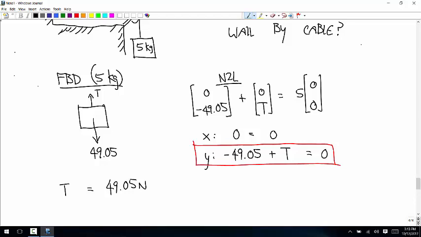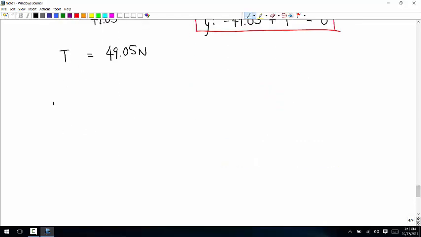Okay, so now let's think about the direction. That's the magnitude of the force anywhere along the cable. Let's think about the direction of the force that's applied to the wall. So at the wall, the force has to be parallel to the cable where it leaves the wall, so it has to be horizontal. And then it has to be away from the wall.